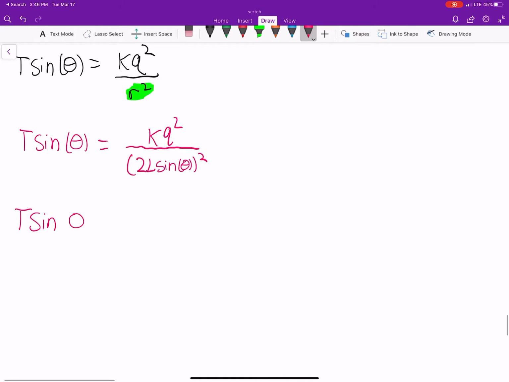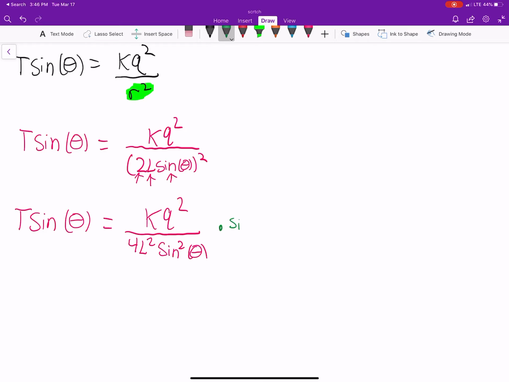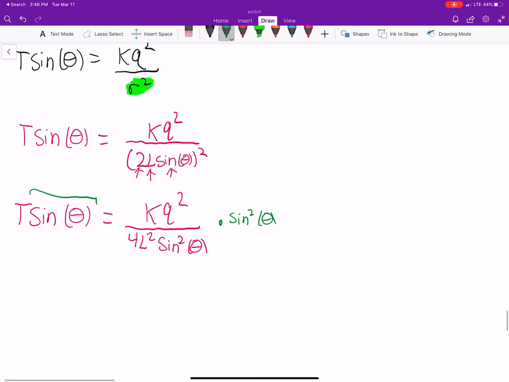Let's go ahead and square everything in the denominator. So we have k q squared over 2 squared is 4, L squared is just L squared, and sine squared is just sine squared. Now I'm going to multiply both sides by sine squared of theta, including this side. I don't have room. And I'm going to divide both sides by T sine squared theta.